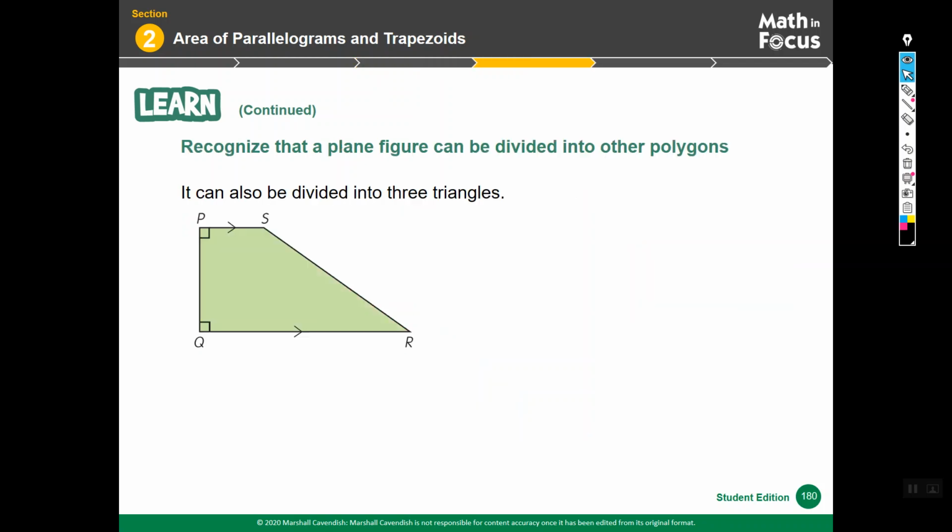Okay, so let's talk about how we could divide a figure into many shapes. All right, so pen ready, let's go. One thing we could do is divide this into a rectangle and a triangle. Or we could even do 3 triangles based on what information they give us.